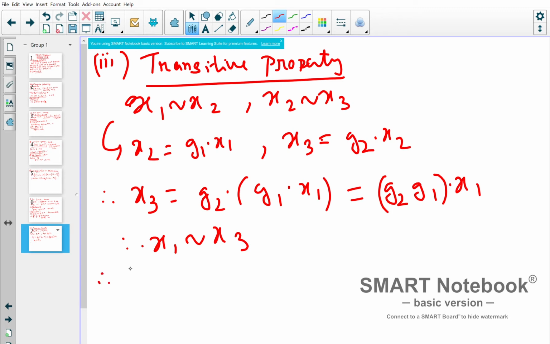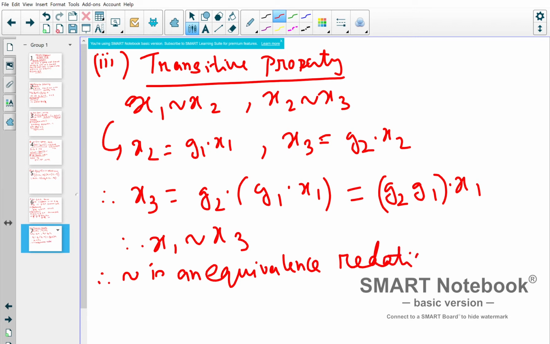Thus this tilde is an equivalence relation on X, right? This is okay, everyone? Yeah. So I hope you understood so far that whenever I have a group action, whatever the action may be, it doesn't matter, it always defines an equivalence relation on X.